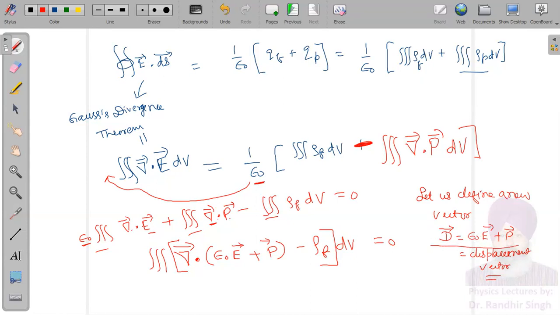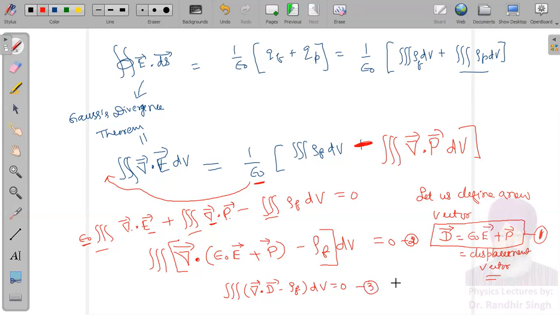So please remember, this is my ad hoc assumption, just to make the expression simpler. I have chosen this as a new vector, and I call it the displacement vector. Then this equation number 2 will simplify like this: triple integration del dot capital D minus rho f dv is equal to 0. Now this is equation 3.